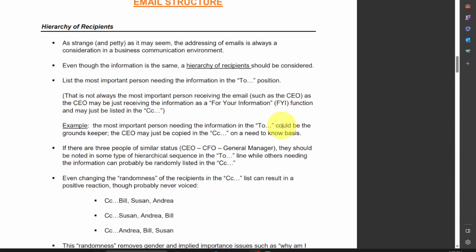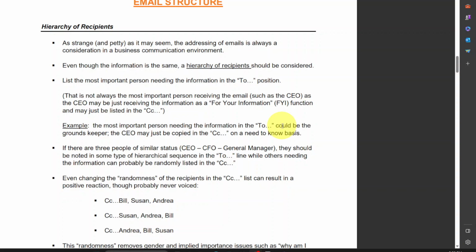The hierarchy of recipients. As strange and as petty as it may seem, the addressing of emails is always a consideration in a business communication environment. Even though the information is the same, a hierarchy of recipients should be considered. List the most important person needing the information in the To position.